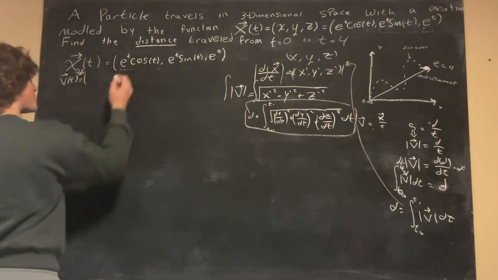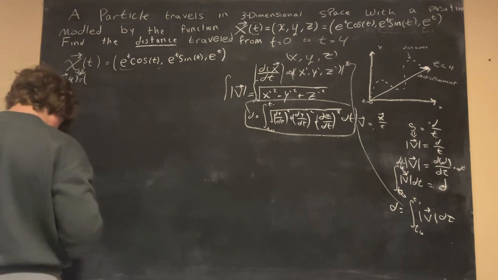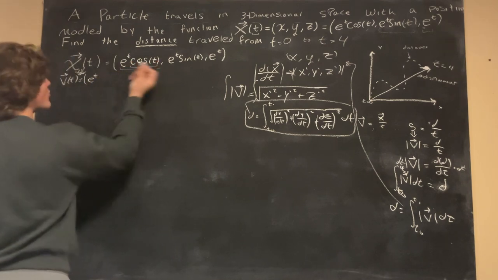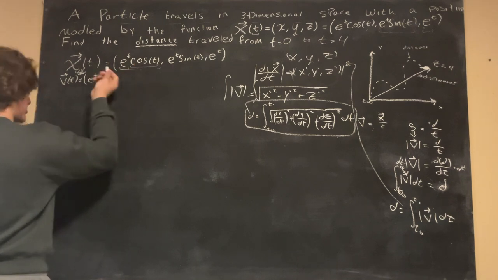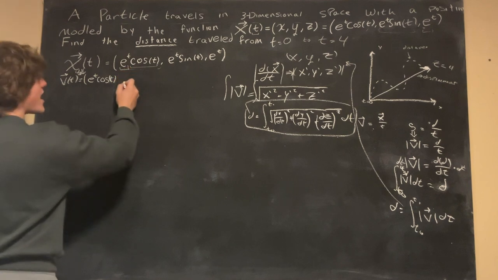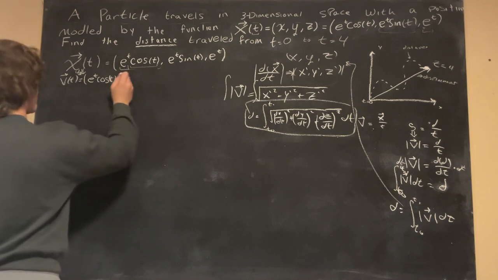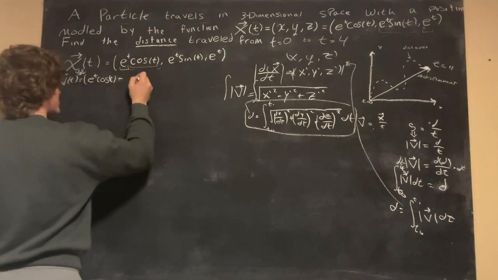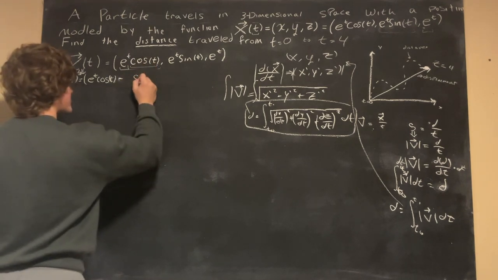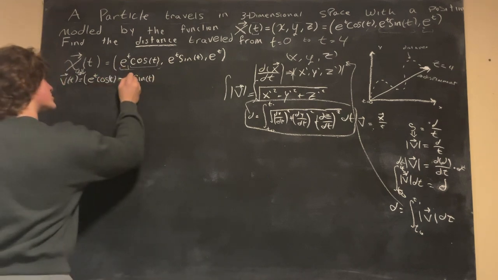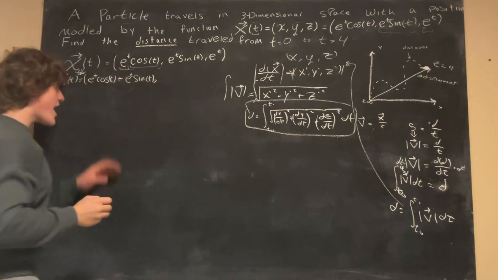When we use the product rule, we leave e to the t, then take the derivative of cosine of t, which is negative sine of t, times e to the t. That's why the negative's there. Then we add the derivative of e to the t, which is just e to the t, multiplied by cosine of t. So that's our x coordinate of velocity.